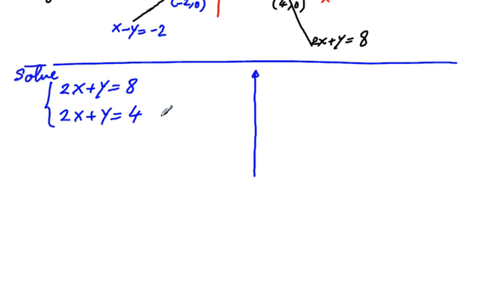What is it about the equations that convinces us right off the bat that there is no solution? This is the same as that, and the right hand side is 8 and the right hand side of this one is 4. Well, that cannot happen. If it is 8, then why is it 4? If it is 4, why is it 8? So there is no x and y that solves this system of equations. We call the system inconsistent.